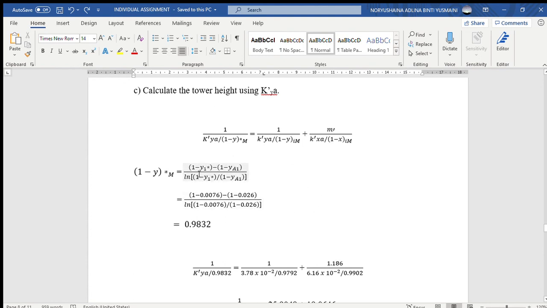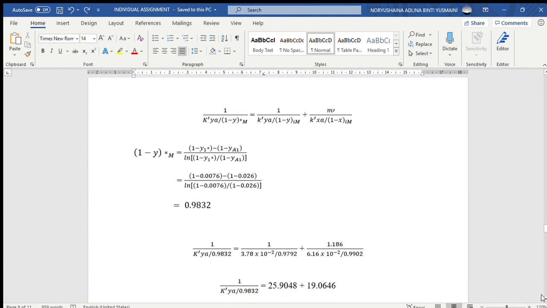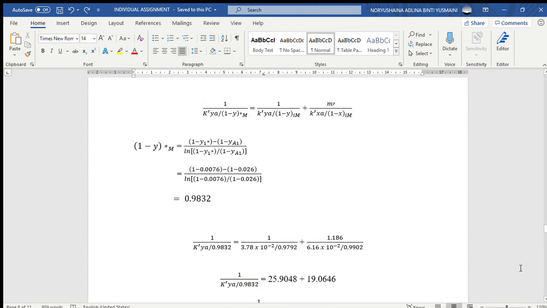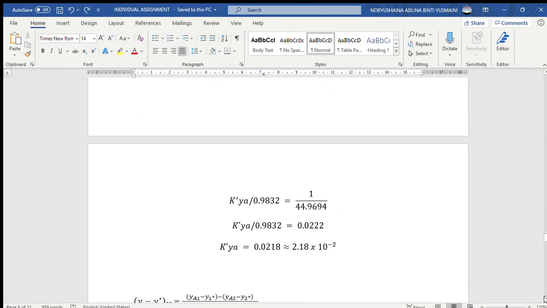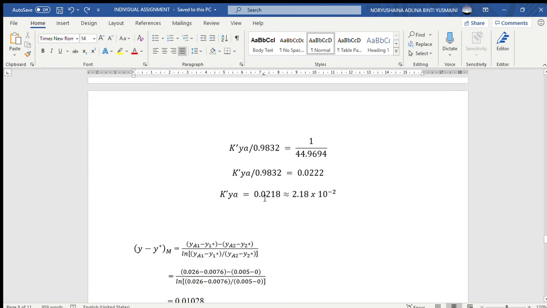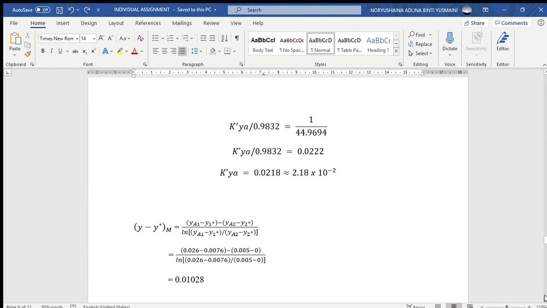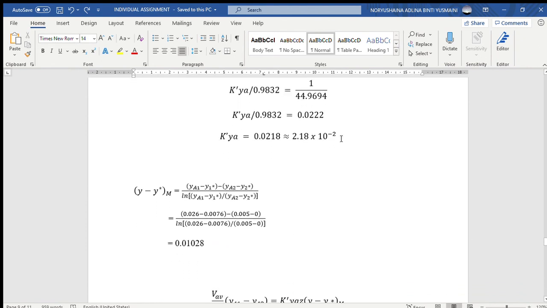So I use all the data and I got the value for 1 minus y star m is equal to 0.9832. Next, we can substitute all the data into this equation, and finally I got the value for capital letter K prime Y is equal to 0.0218, or equivalent to 2.18 times 10 to the power of negative 2 kilogram mole per second meter cube.